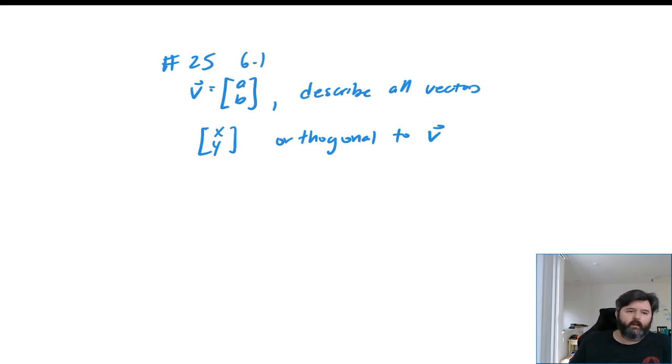Obviously, if V is the 0 vector, so if A and B are both 0, then all of the vectors orthogonal to that would just be R2, right? If V is a 0 vector, it's orthogonal to everything. So it doesn't matter what x and y are, it would be orthogonal. So let's assume that V is not the 0 vector.